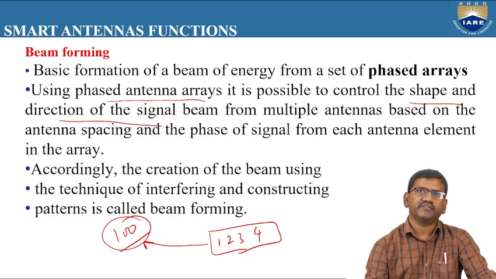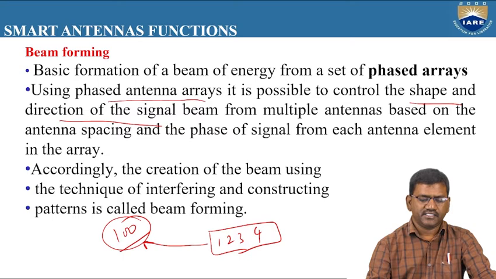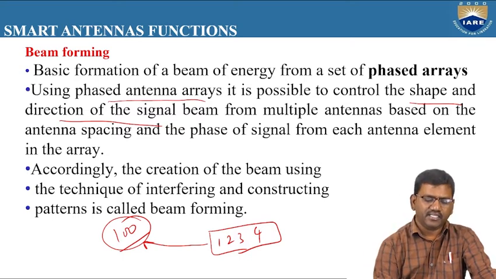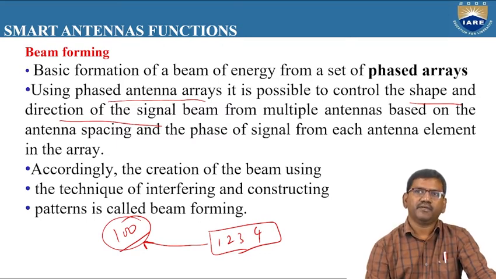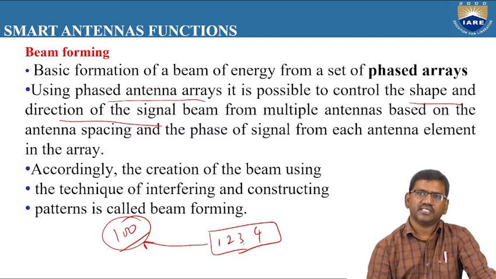The only thing we can do is change the phase of the signal from each antenna element. Right? So based upon the antenna spacing and phase of the signal from each antenna element in the array, we can change the beam direction by either increasing or decreasing the spacing, or by increasing or decreasing the amplitude of the elements. So we have only two things which can be done in the smart antenna system.